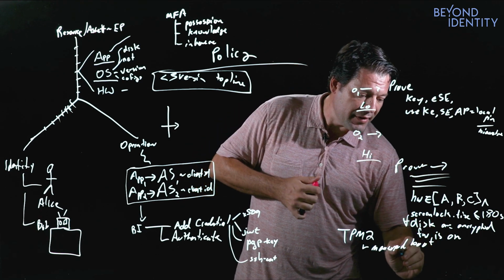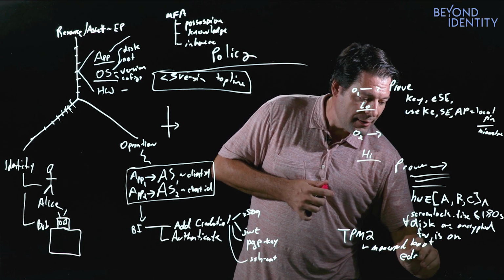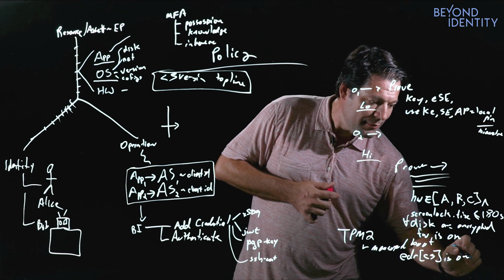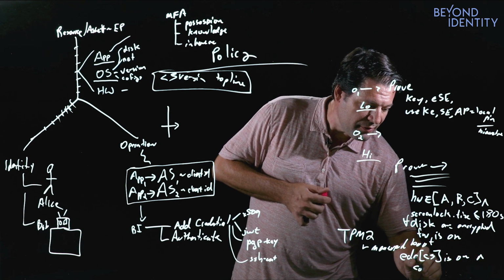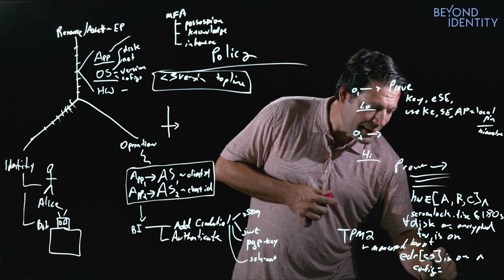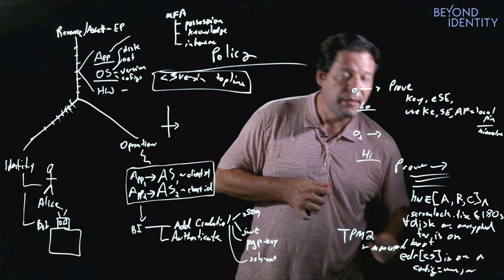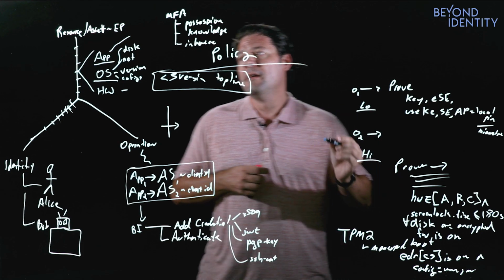So we could be specific, right? We can go in and we can say EDR CrowdStrike is on, and some of the configuration properties that are present on the inside are exactly what we expect, right?